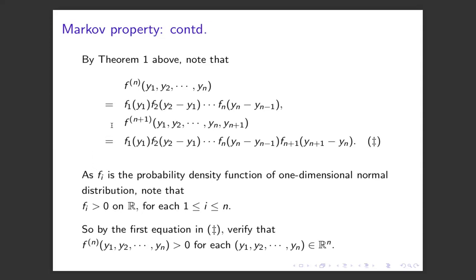Consequently, if you look at this expression, f1 at y1 will be strictly positive, f2 at y2 minus y1 will be strictly positive, and so on. So this entire product is strictly positive for every (y1, y2, ..., yn) in R^n.